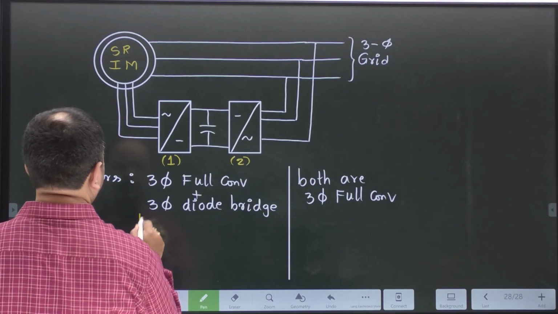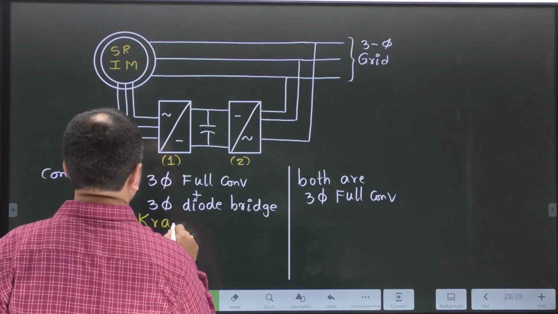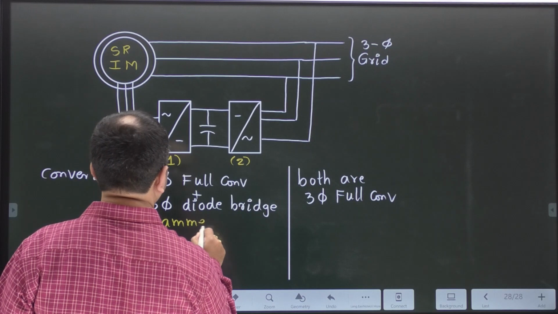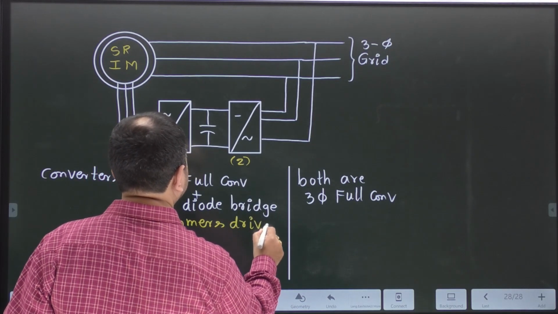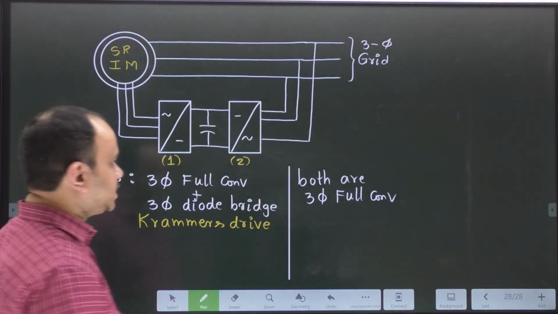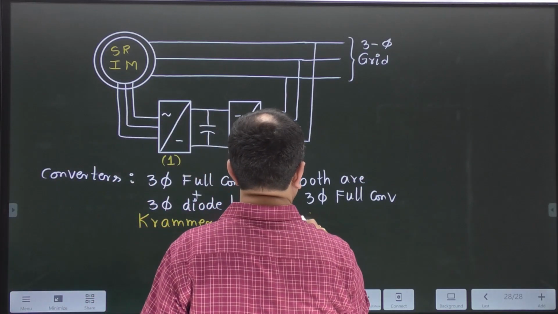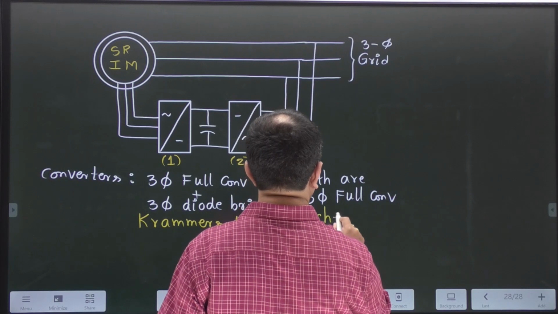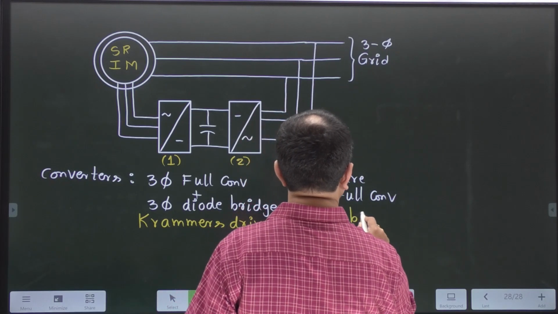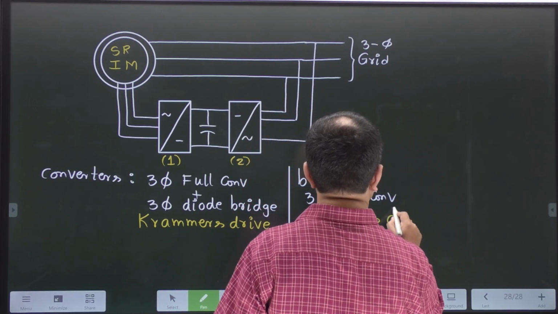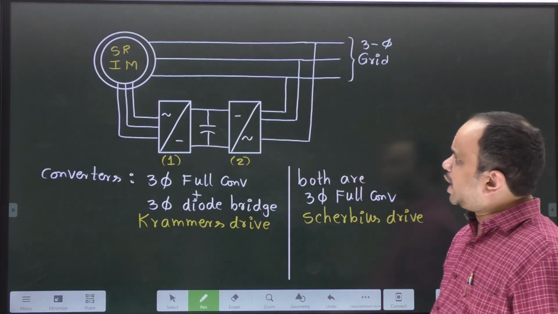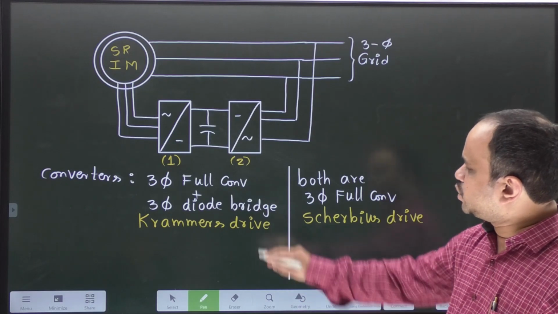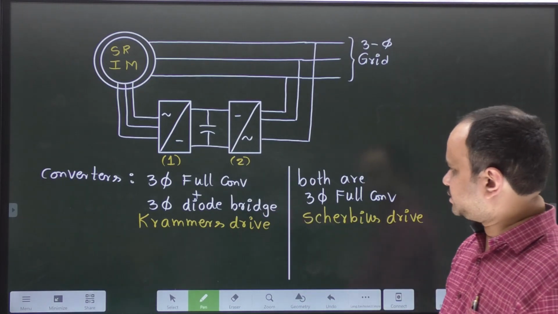So in the first scenario, this is called Cramer's drive, and this is called Scherbius drive. These are the scientist names. Okay. So under what conditions can we use these types of systems?